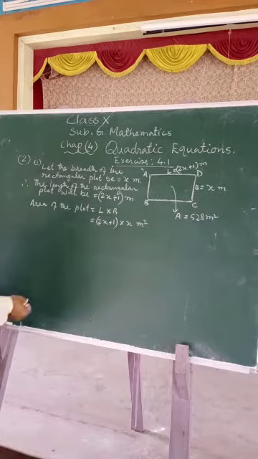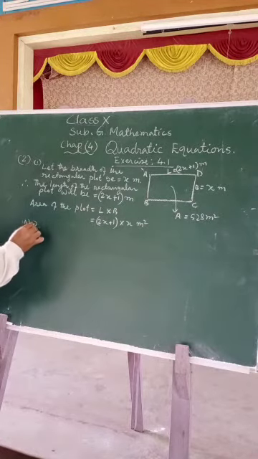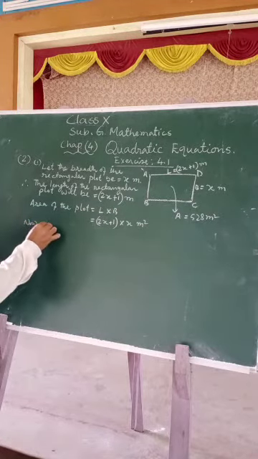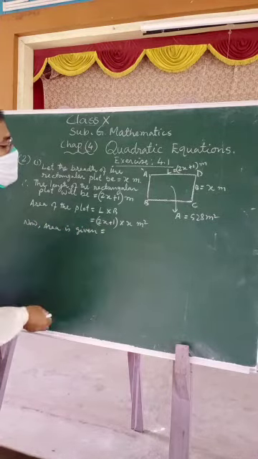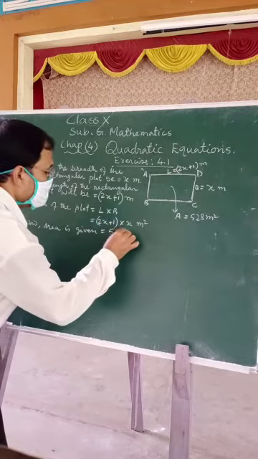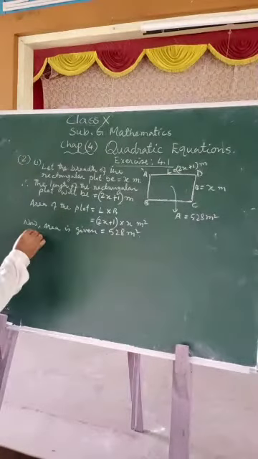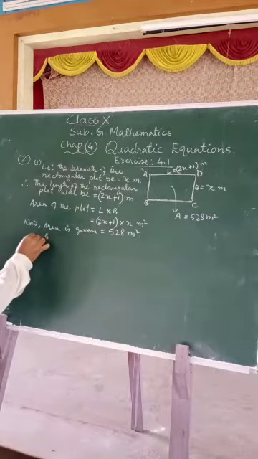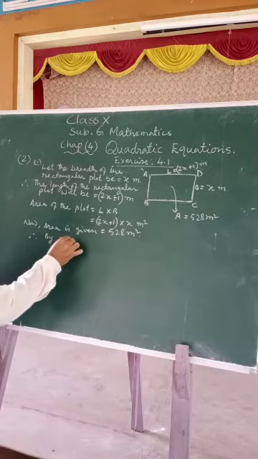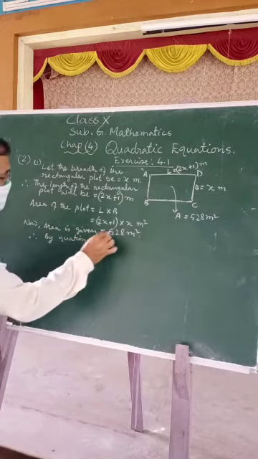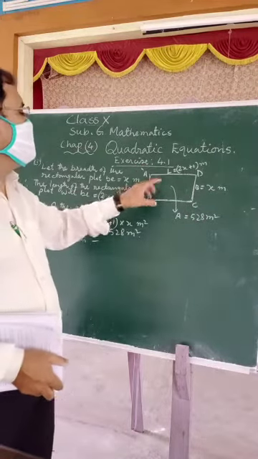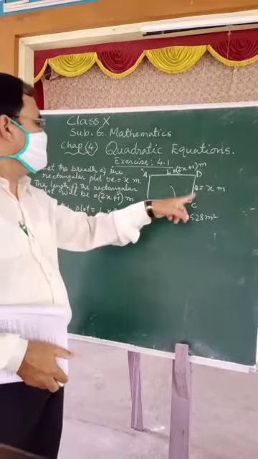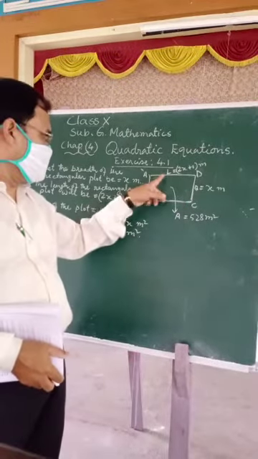Now the area is given as 528 meter square. Therefore, by the question, area of a rectangle is length into breadth.